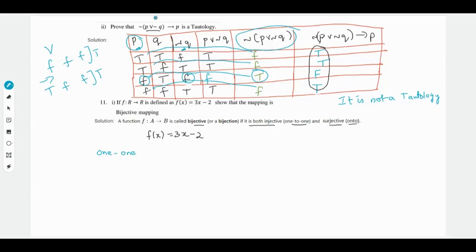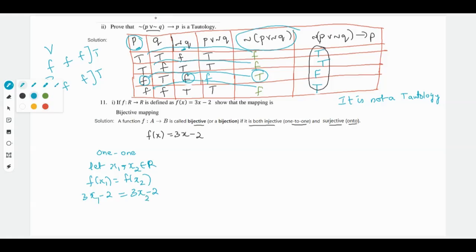To prove one-one, let x1, x2 belong to R. Then f of x1 equals f of x2. That is 3x1 minus 2 equals 3x2 minus 2.